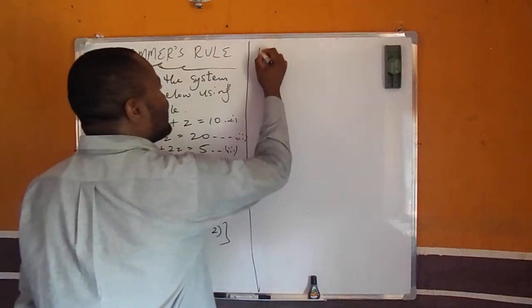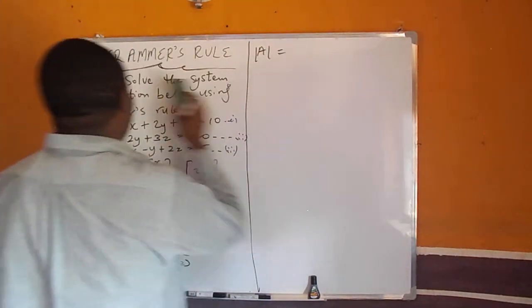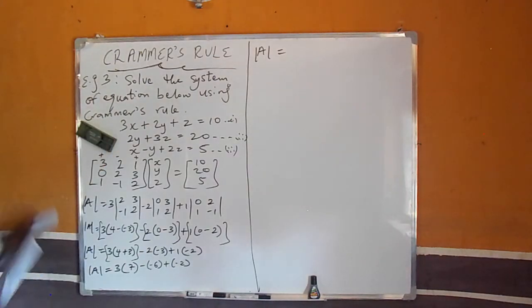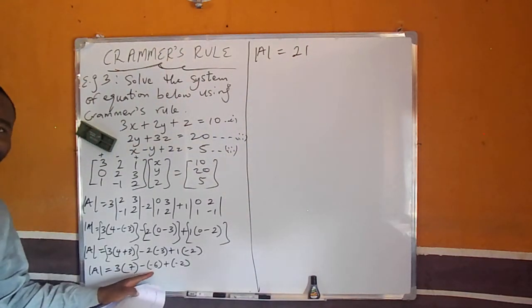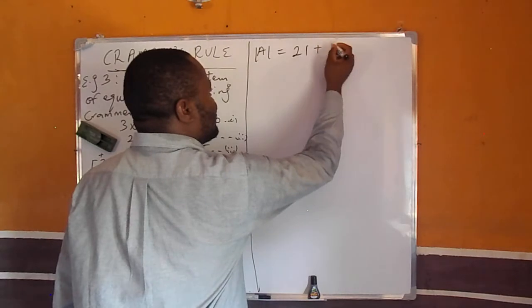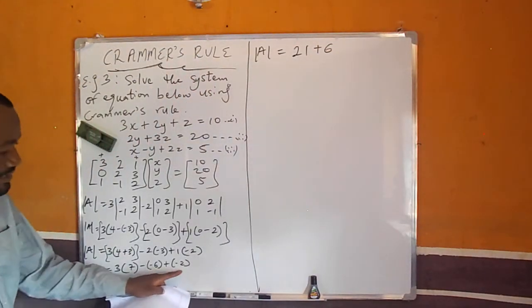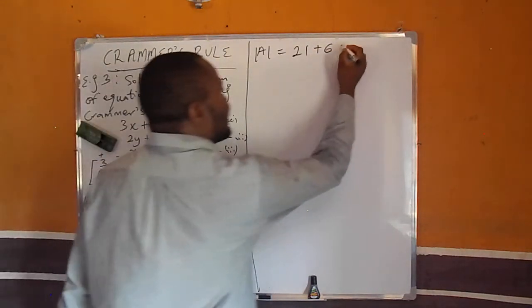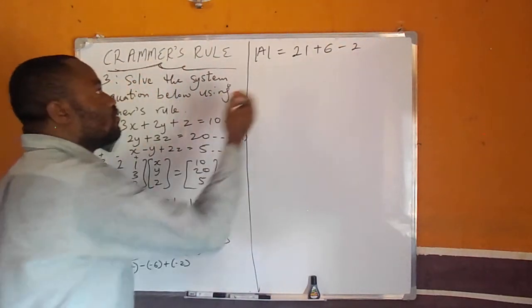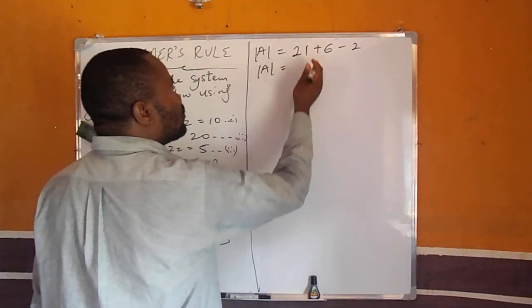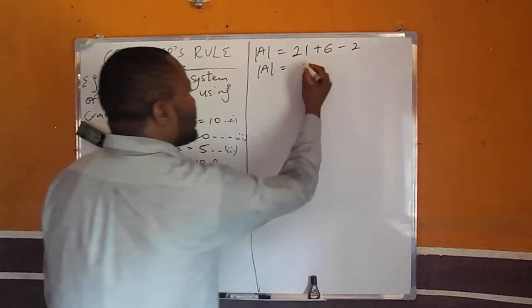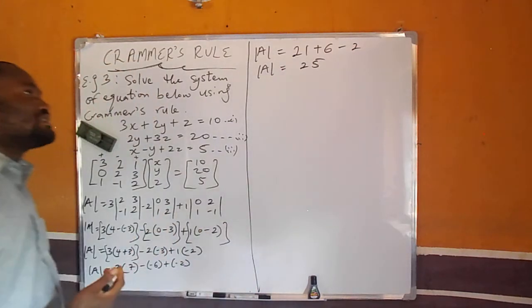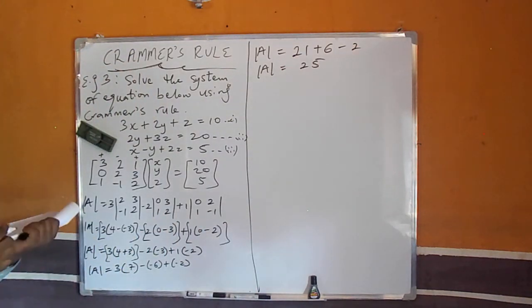Now we can say our determinant of A equals 3 times 7, 21. Negative times negative, positive, will give us positive 6. Positive times negative will give us negative 2. So our determinant of A equals 21 plus 6, 27. 27 minus 2 will give us 25. So that means our determinant of A equals 25.